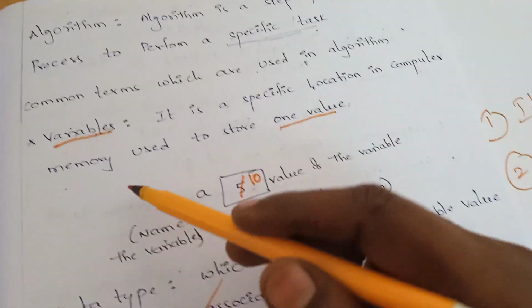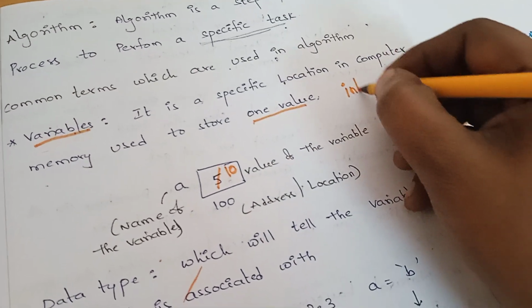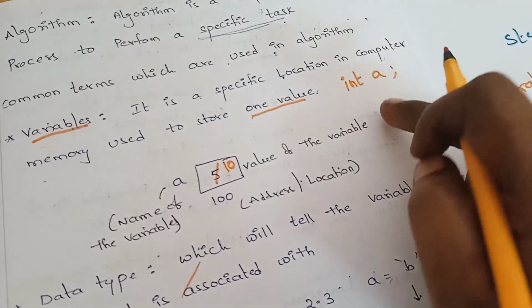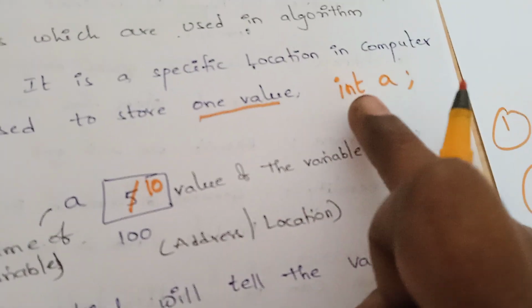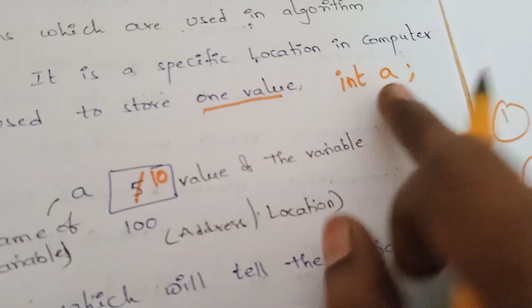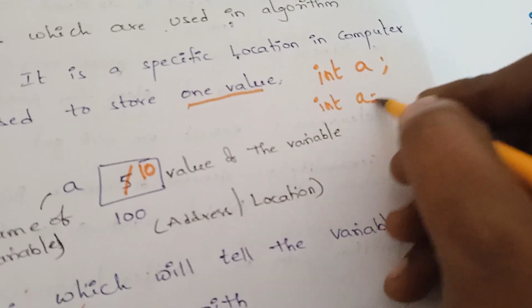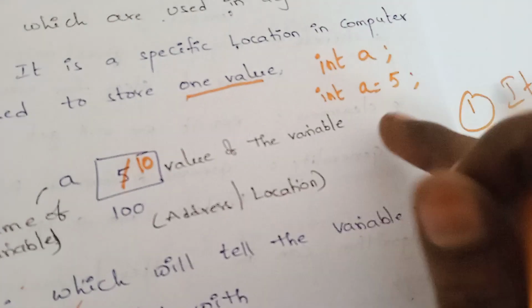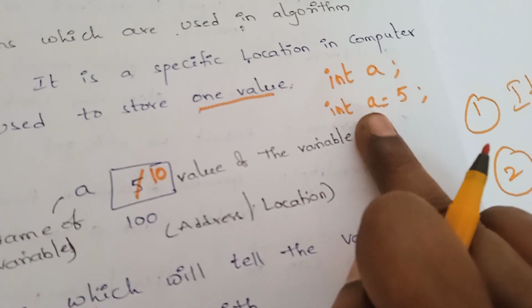And mostly a variable means that you can declare something like int a. This is what we call declaration of a variable. int a means declaring a variable. If I write int a is equal to 5, what is this? Initializing the value into the variable.